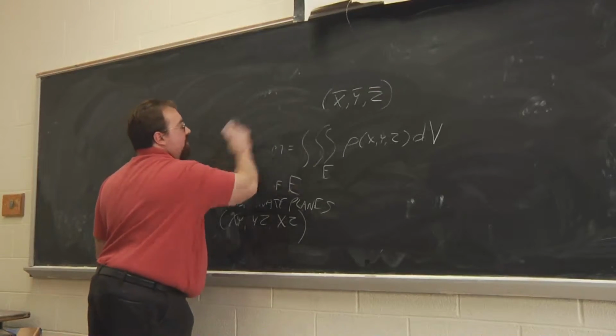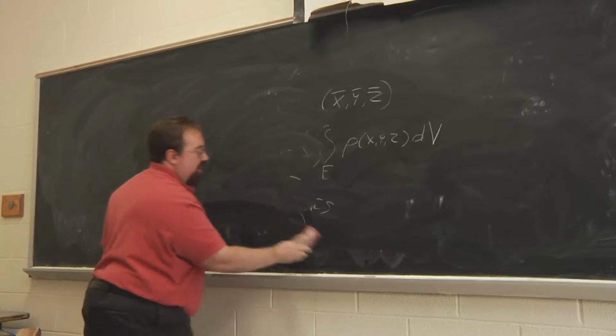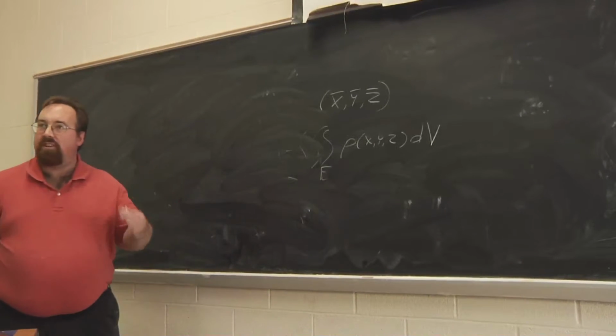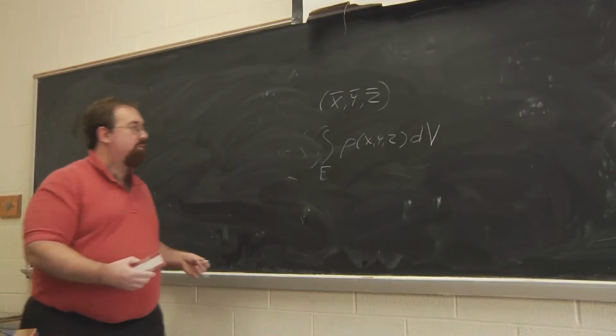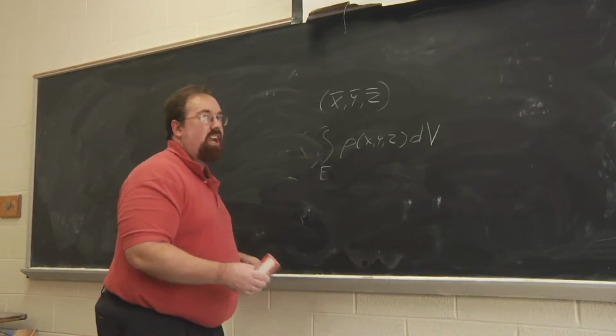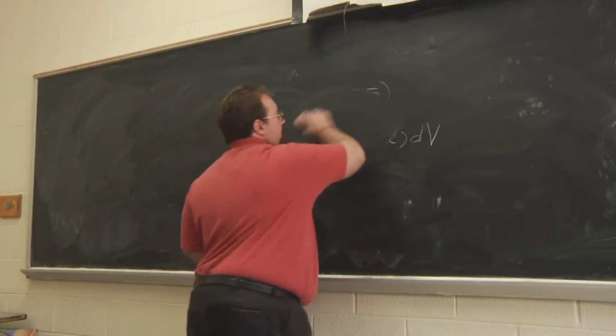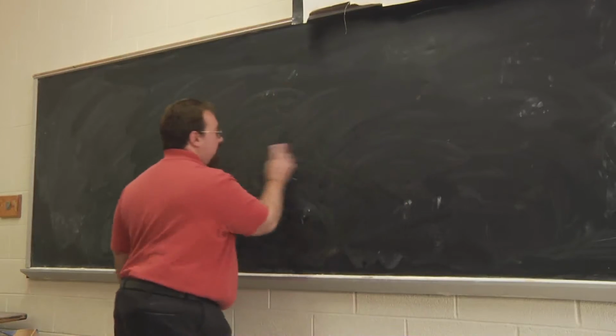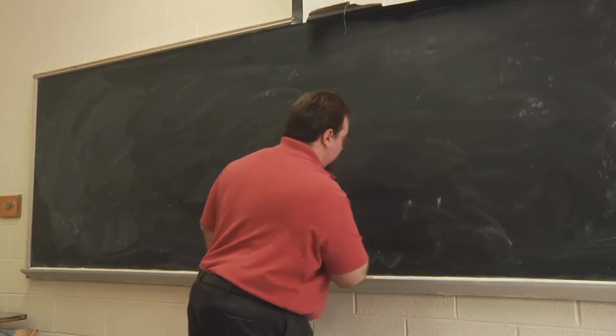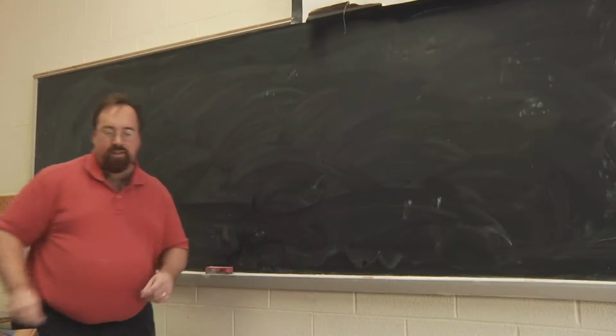So that's what these integrals do. They provide a way of taking formulas like mass equals density times volume, formulas involving products, just like area is equal to width times height, and allowing you to generalize those formulas to cases where the quantities involved are not uniform.